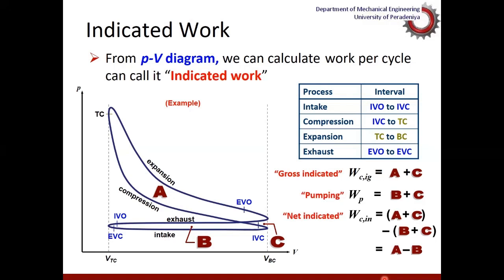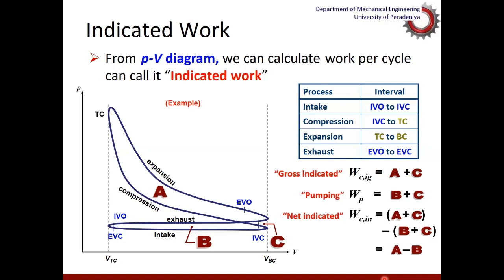Therefore, in a practical sense, talking about this work per cycle doesn't make any sense, because in a practical engine we don't have any way of getting this PV diagram, and at the same time the cycle time is so short. There are so many cycles happening within a given time.